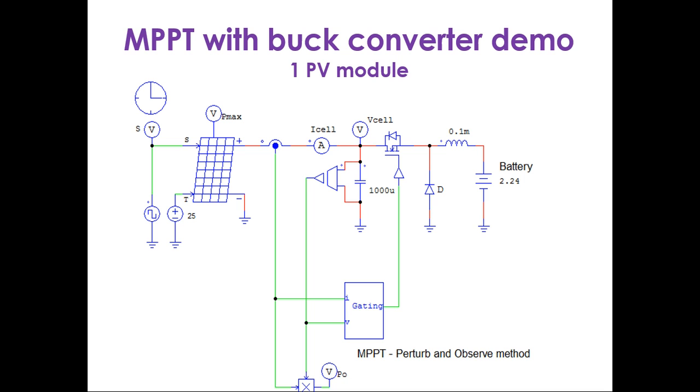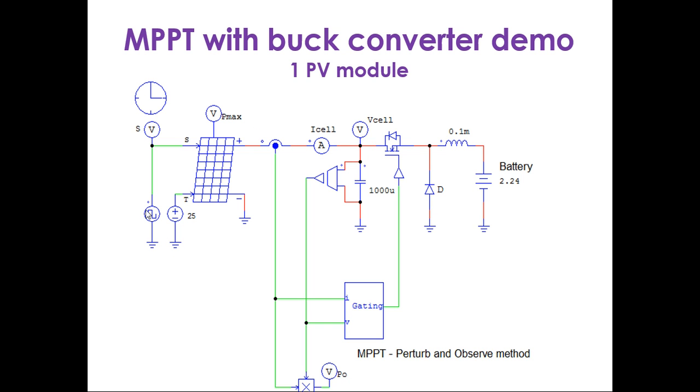You will find lots of articles on how to select this perturbation size, because if you are considering the voltage and you are changing the radiation, obviously the impact of the radiation on the voltage for photovoltaics is less. So we are selecting 0.1, 0.05, 0.2 as a perturbing variable.